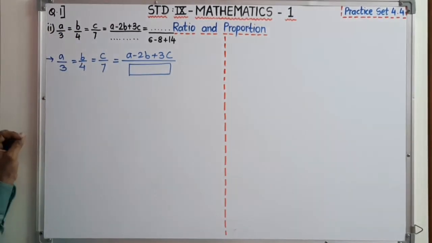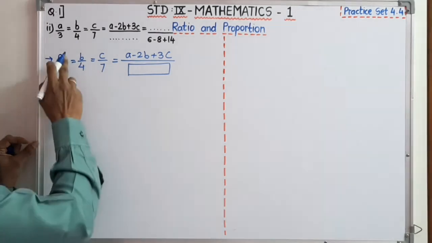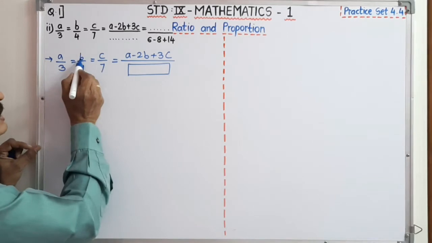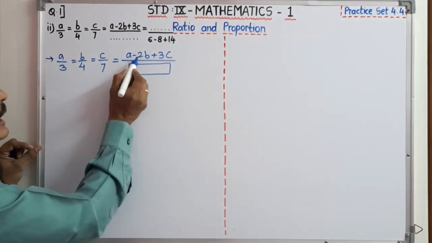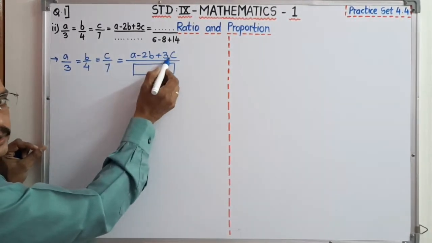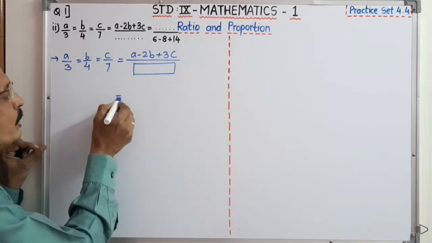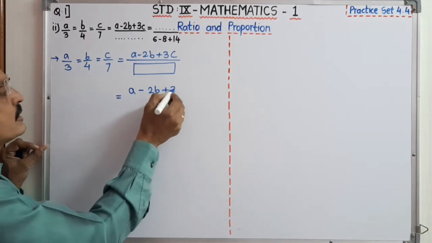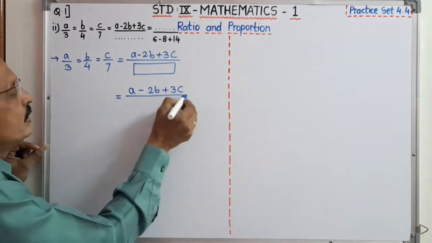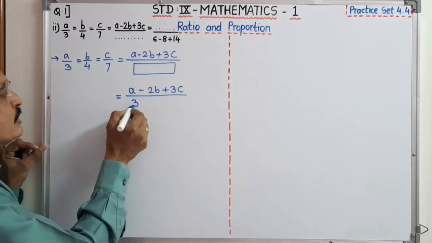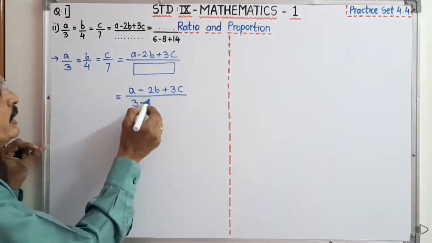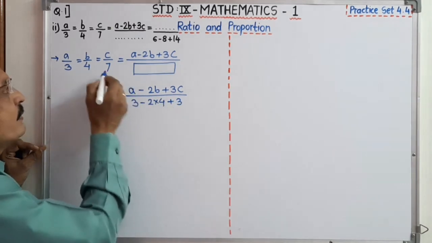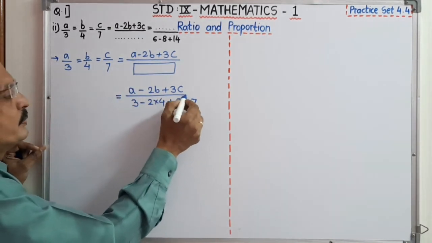For that purpose, see, observe dear student, here a upon 3, this a as it is there, then this b is multiplied with this 2 and c is multiplied with 3. Now same thing we have to apply, that is a minus 2b plus 3c. Then here 3 as it is minus this 4 is multiplied with 2 plus this 7 is multiplied with 3.